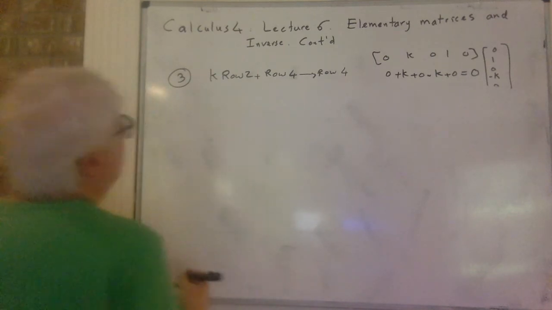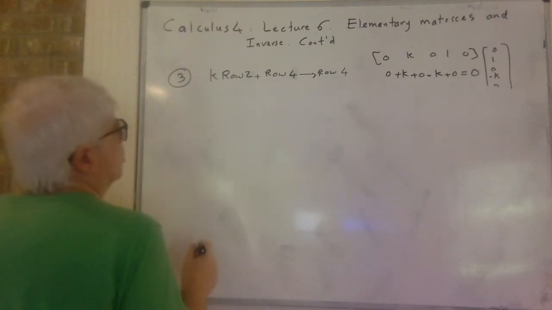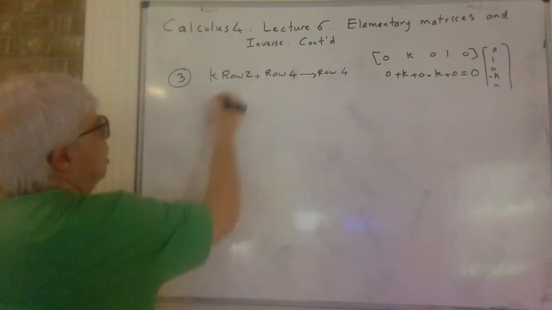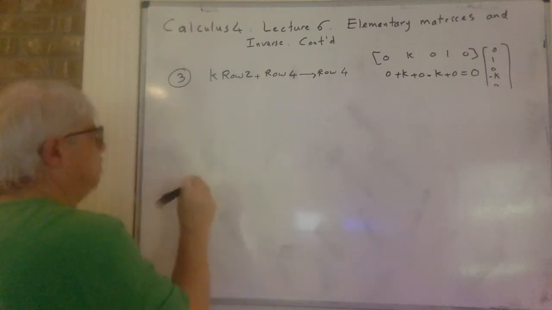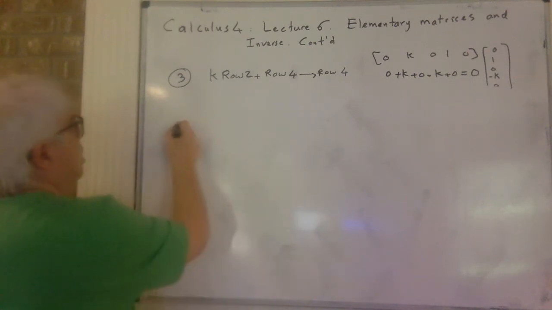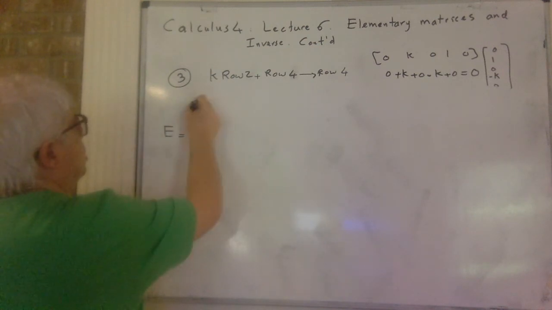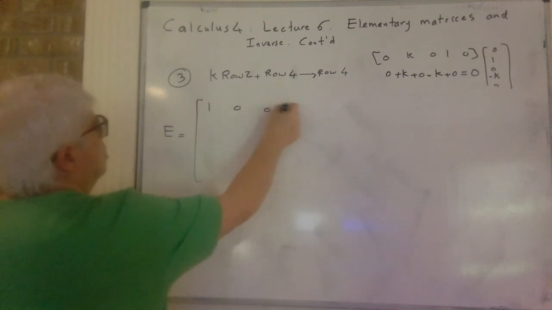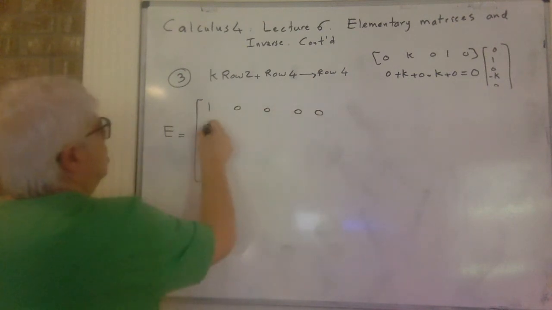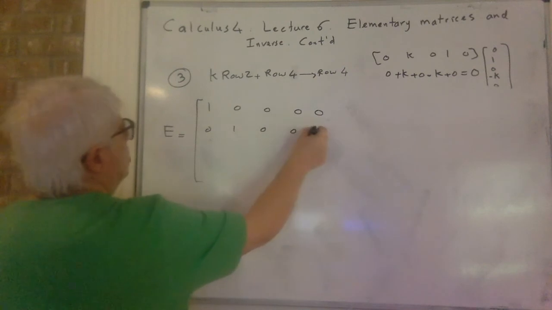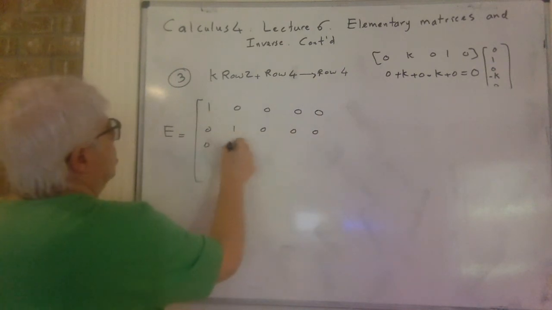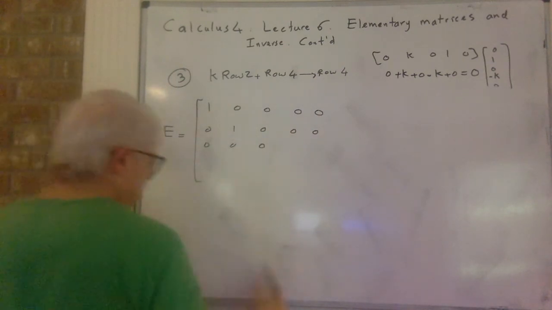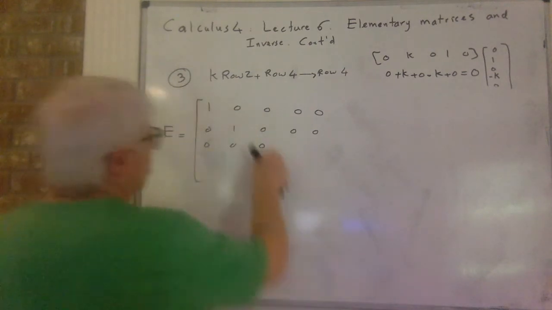So after applying this to I5, I will get this. Let's call it E. This E is 1, 0, 0, 0, 0, 1, 0, 0, 0, 0, 0, 0, no, sorry.